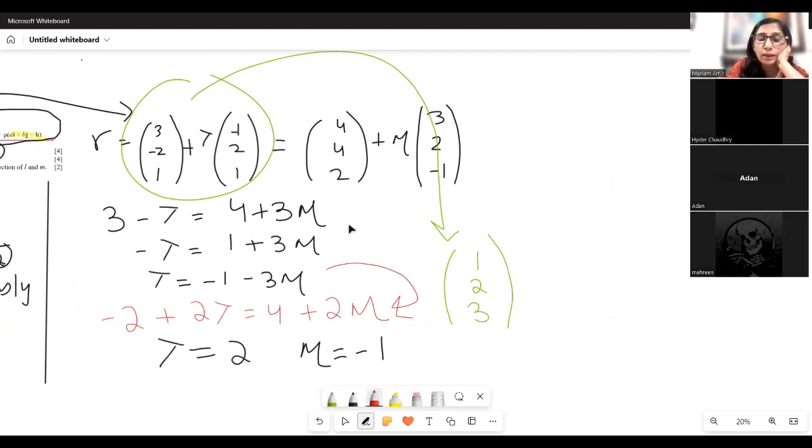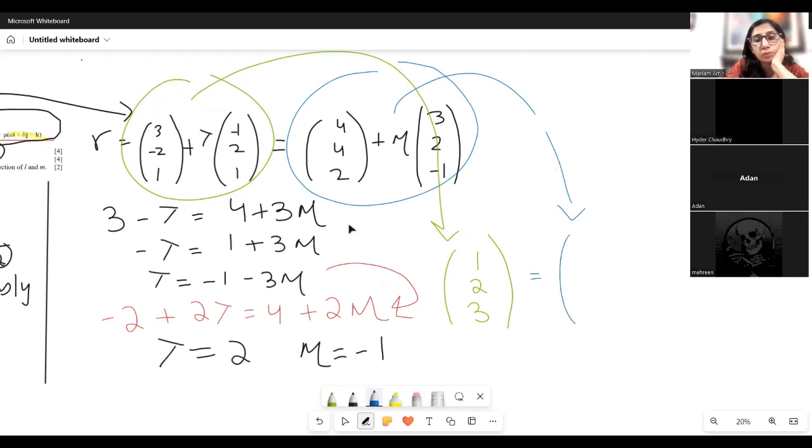And then when mu is -1, this should give us the same coordinates: 1, 2, and 3. Yes. So the point of intersection is 1, 2, 3, which is the correct answer.